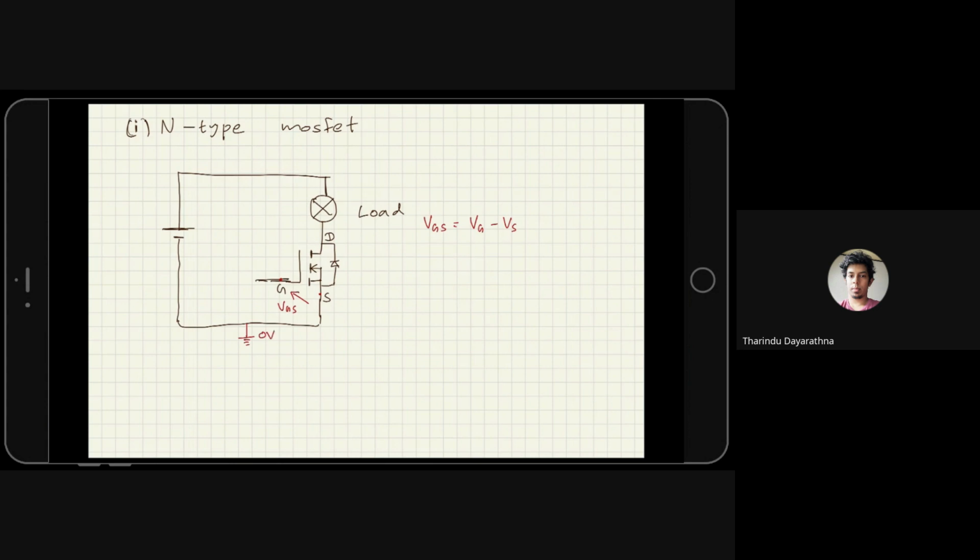So Vs is 0 volt and Vg is like this. To turn on this MOSFET, turn on means to conduct some current in this direction, we need to make this value greater than some constant voltage.